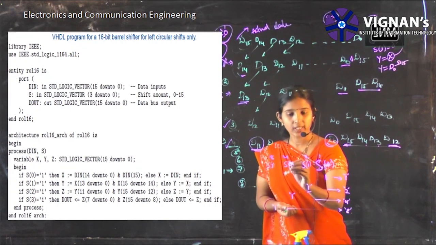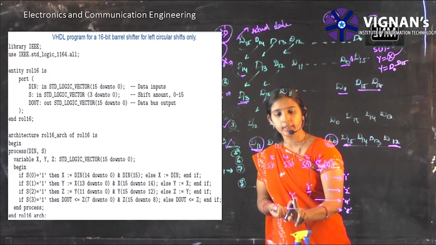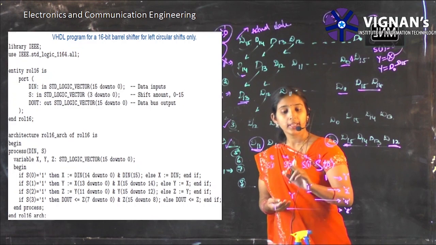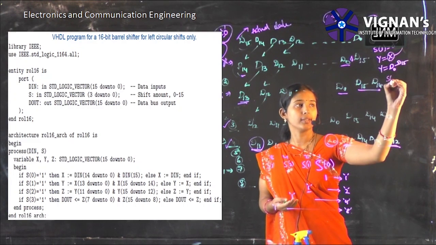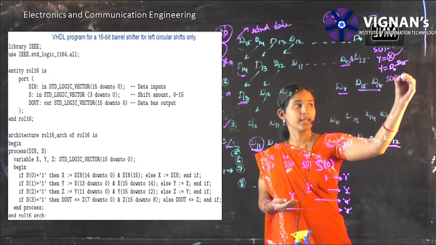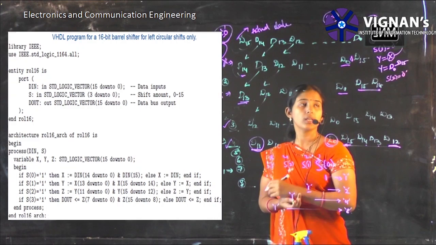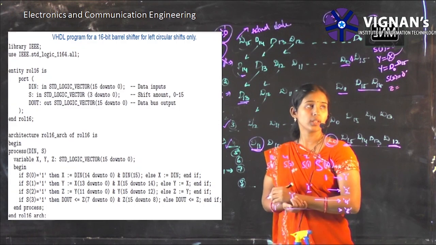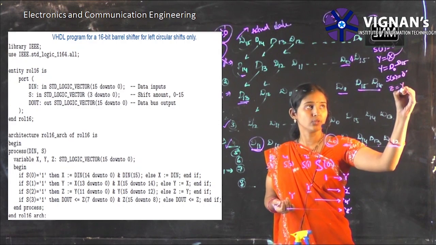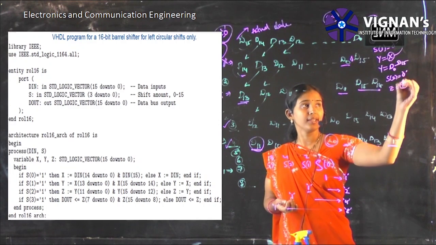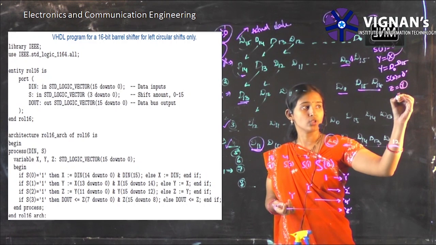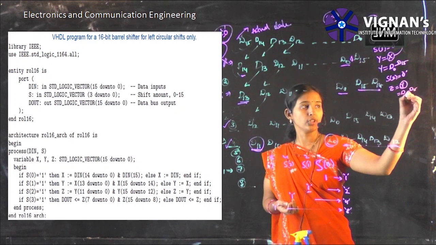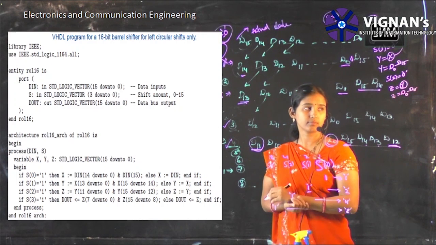Next, if selection line S2 is equivalent to 1, it will undergo 4 left circular shifts. If S2 is equivalent to 0, consider it as Z. Z is assigned with Y, so whatever data is available from D0 to D15 at Y, you will get it at Z.